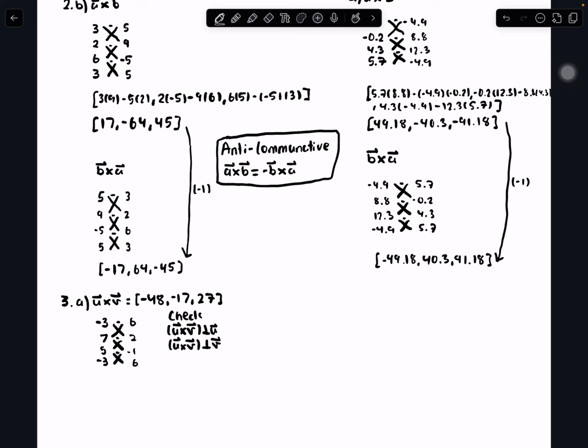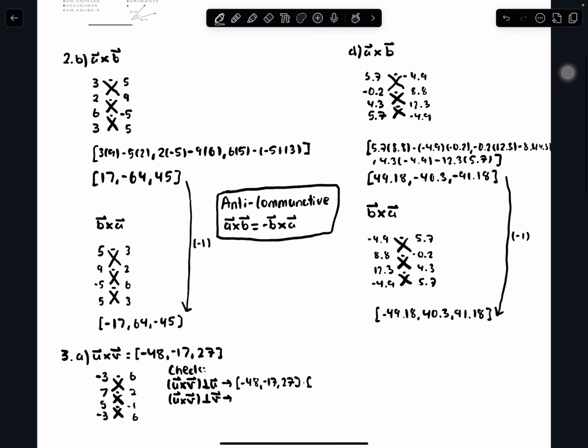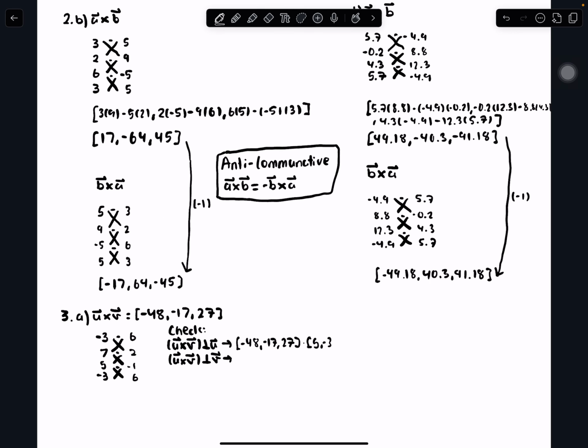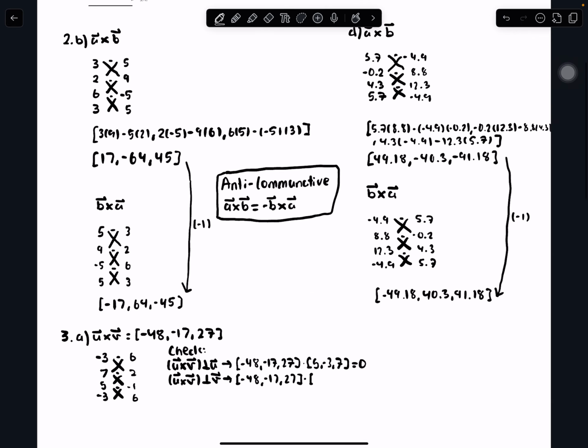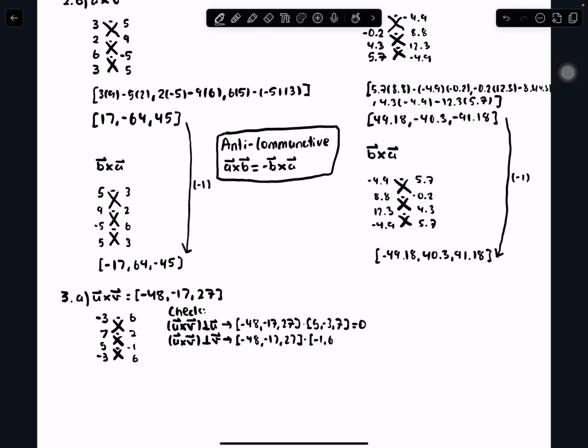Orthogonal and perpendicular mean the same thing. Okay, but that's the same thing as saying we want to check that -48, -17, 27 dot the vector U, which in this case was 5, -3, 7, that the dot product yields 0. Same thing for V. We want to check that -48, -17, 27 dot V, which is 6, 2, -1, also yields 0. Okay, so let's check.